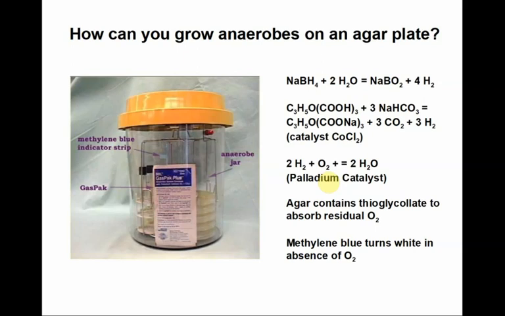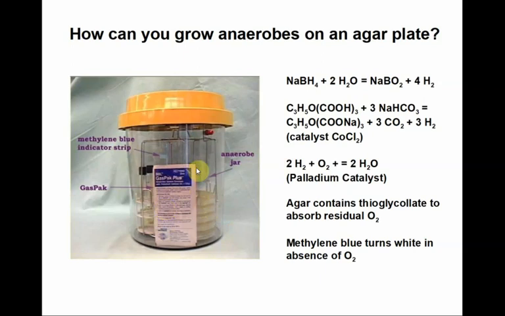an anaerobic jar. So what you have here is a setup where you can put your agar plates in here, and you'll have a little sachet of chemicals here, and you add water to this, and then screw the lid down really tight.